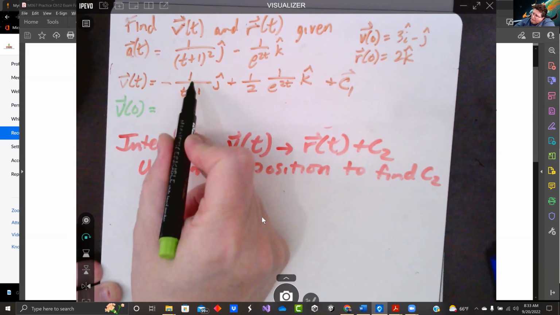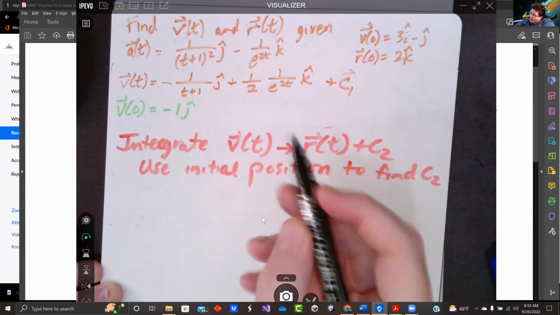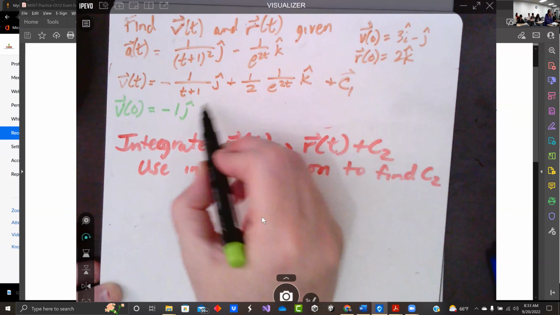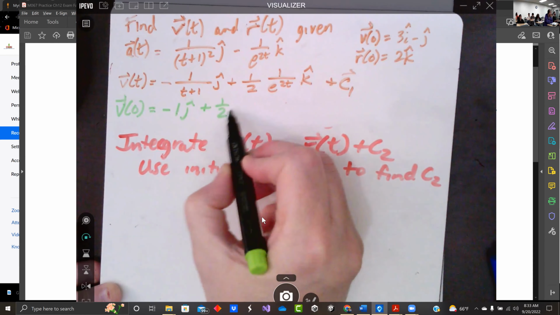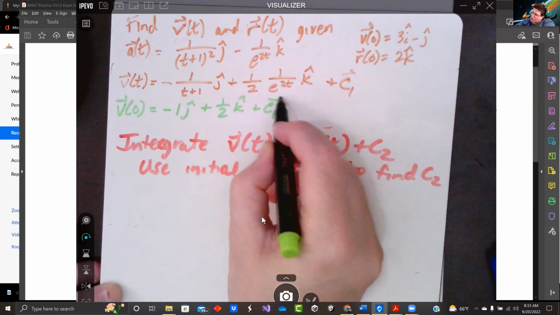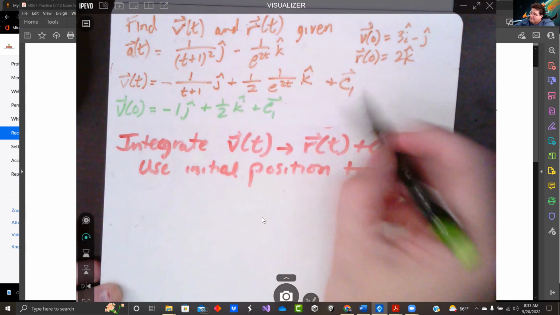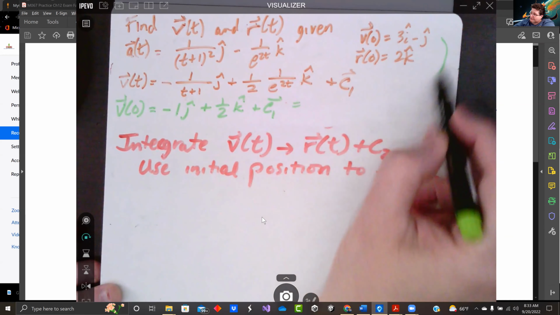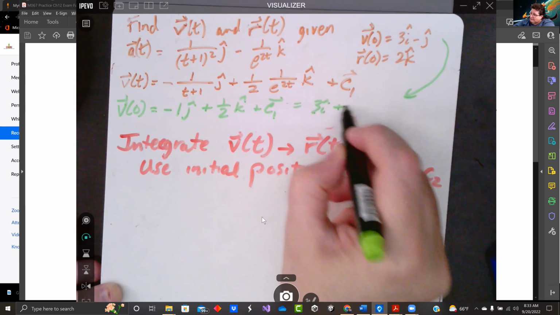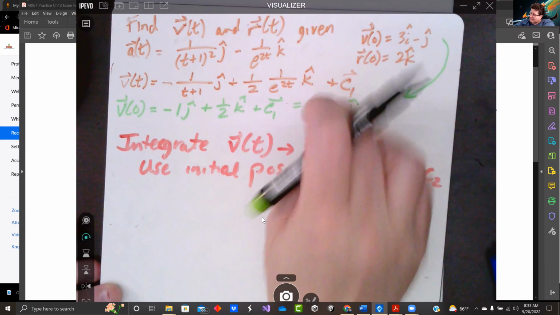I get -1/1 for my j hat, which is -1, and I get 1/2 for k, and I still have C1. But this is V0 by plugging 0 in, so this should equal my initial conditions, which is 3i minus j. Or 3i minus, not plus.